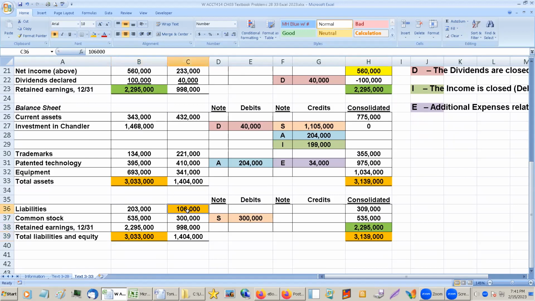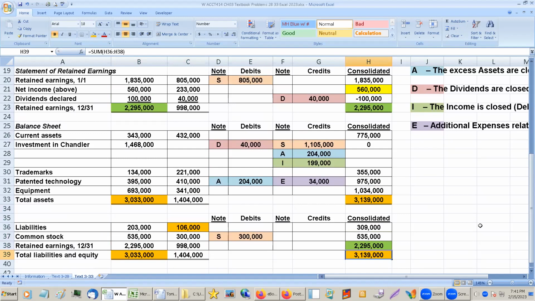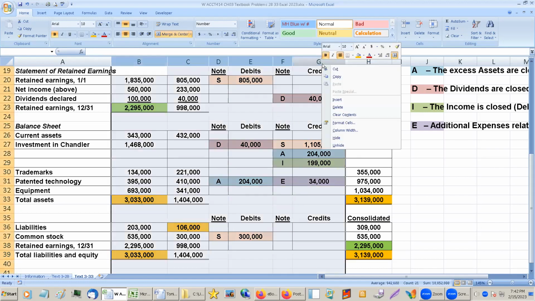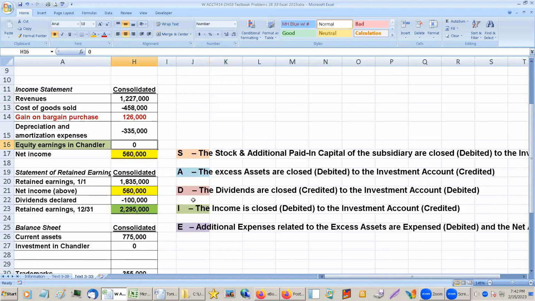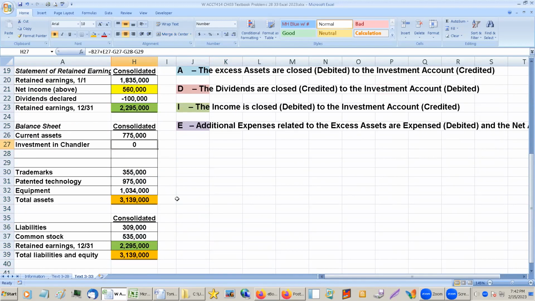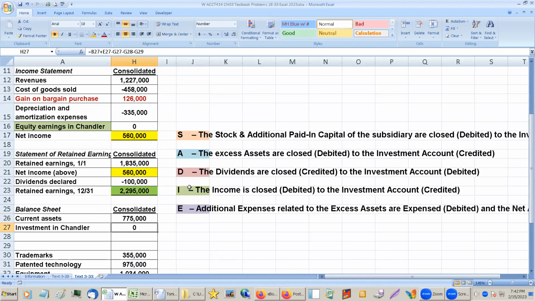Yeah, this plus that is that. And so that's what their consolidated financial statements would look like. I mean, they wouldn't have the zeros in here or anything, but the dollar amounts would be the same.